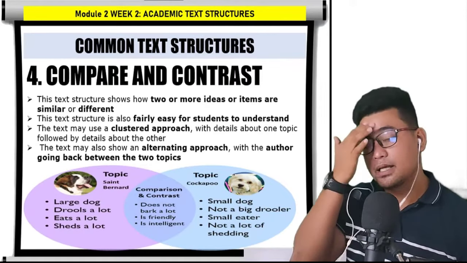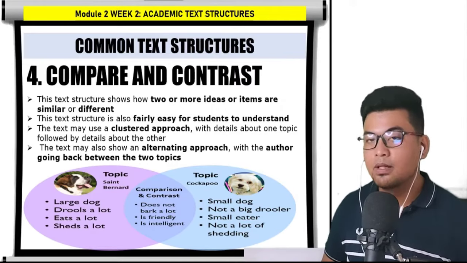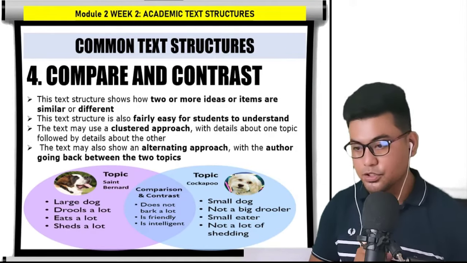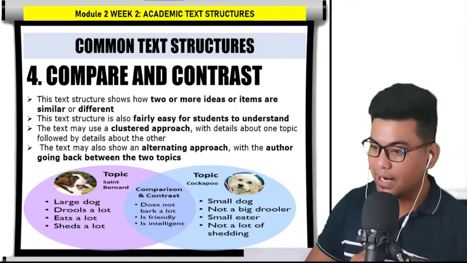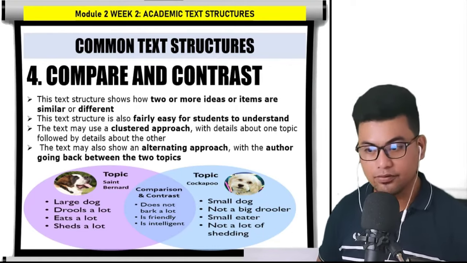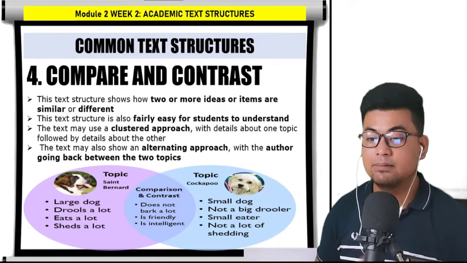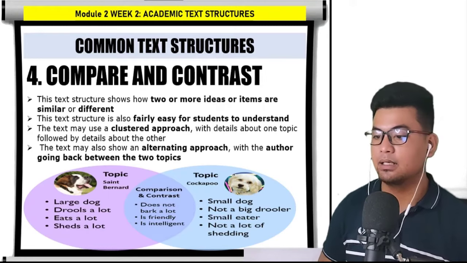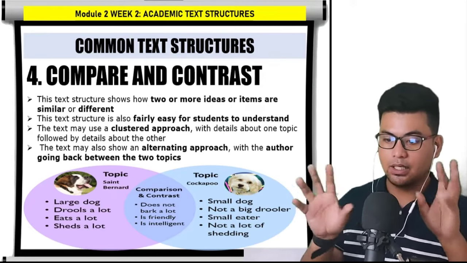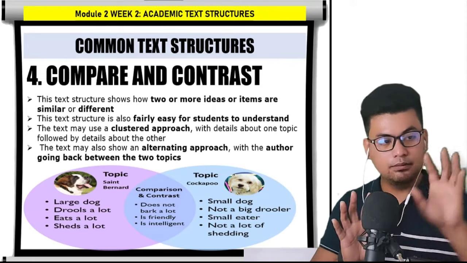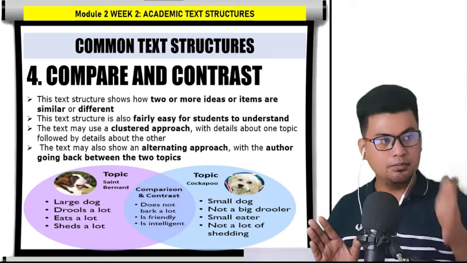Alright? So now this time, let's talk about compare and contrast. Another common kind of text structure. This text structure shows how two or more ideas or items are similar or different. This text structure is also fairly easy for students to understand. The text may use a cluster approach, meaning to say you can give set 1, this is it, this is him, this is her.